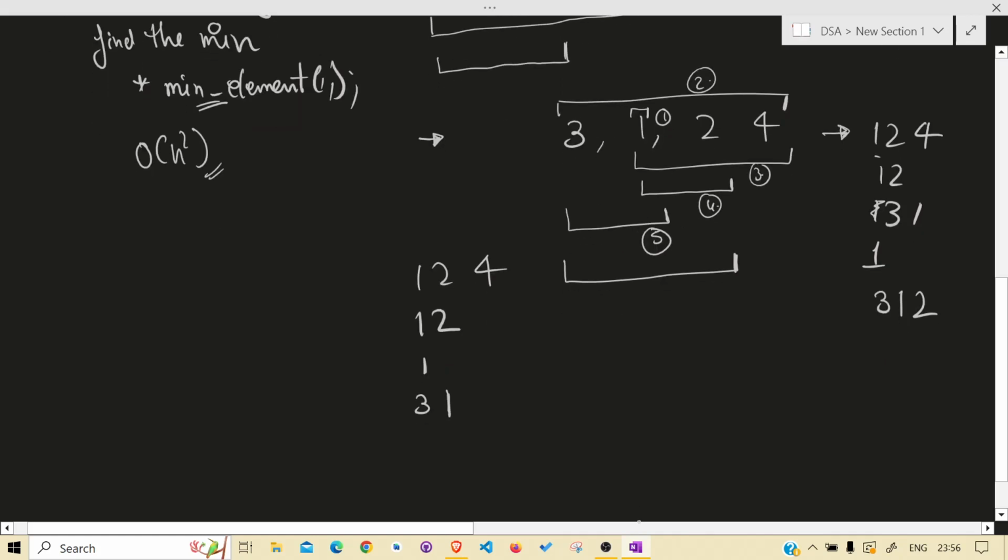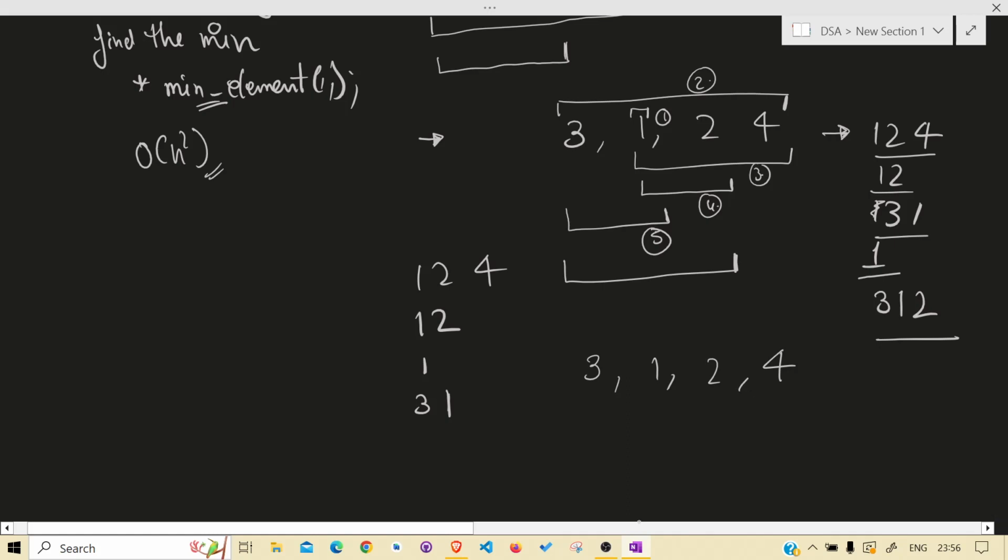Now see, when you form these subarrays, you get the contribution of 1. We can get that effect of 1 without making subarrays. How? I will introduce two terms, that is previous lowest and next lowest.